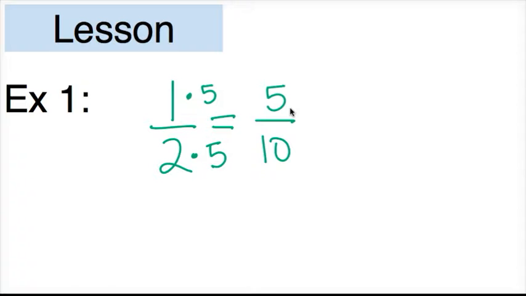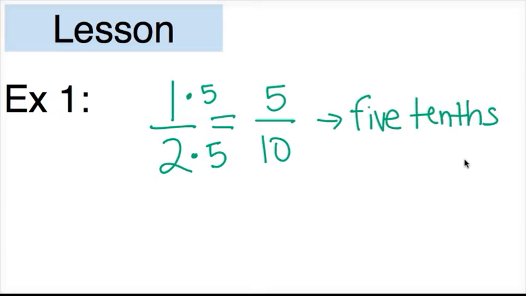And what's nice is when you read this fraction correctly, you don't say 5 over 10, you say 5 tenths, and you think about the word 5 tenths as a decimal. So if I were to tell you, write 5 tenths as a decimal, what would you write?